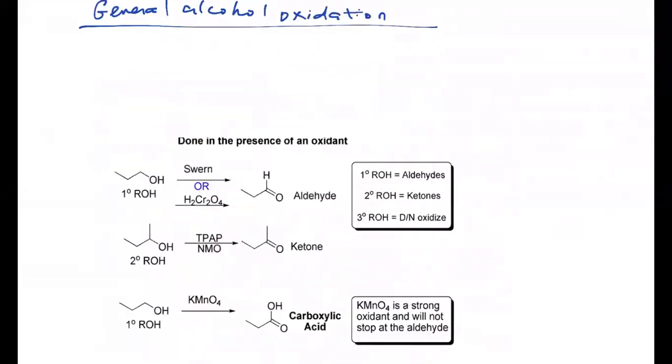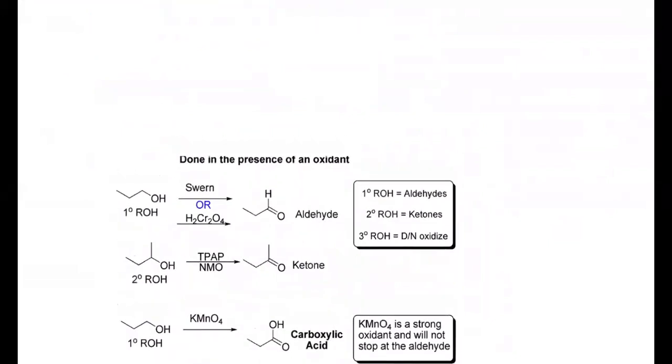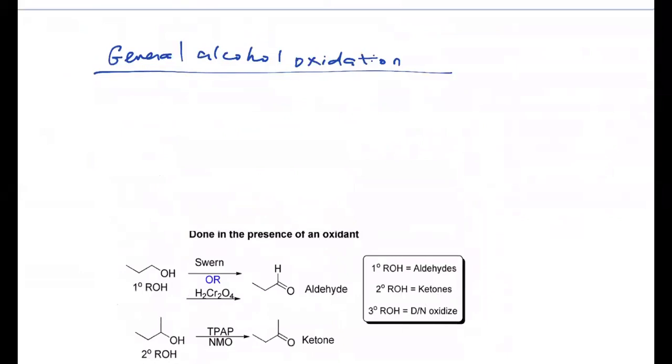All right, so for alcohol oxidation in general, what you're doing is removing, right? So for any oxidation, and when we talk about oxidation in terms of organic chemistry, one of the things you have to think about is it's different from in G-Chem when you learned about oxidation and reduction, right?